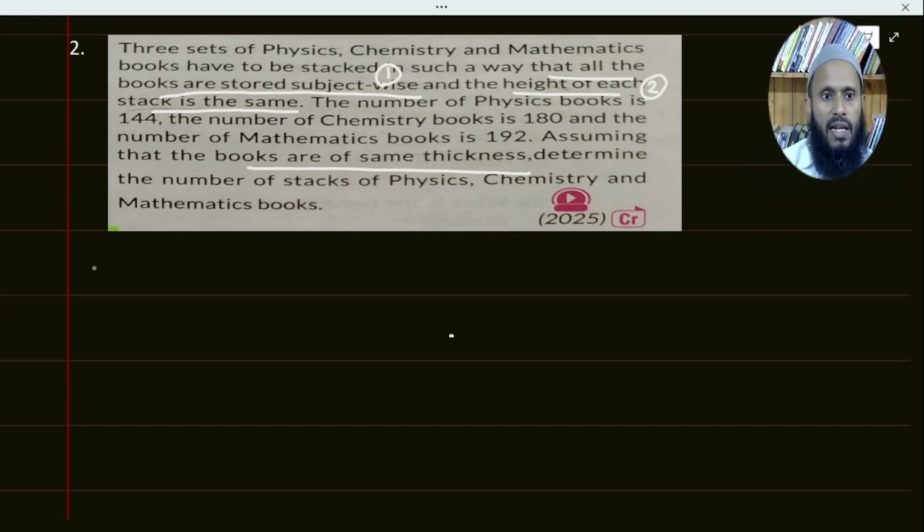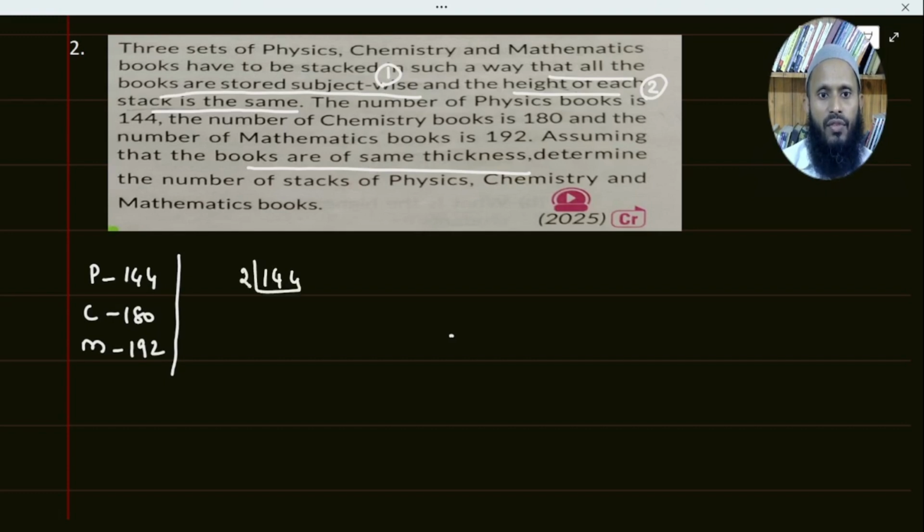First we will write the data. We have got physics books. How many books are there? 144 physics books. Chemistry books are 180 and maths books are 192. We have to find the HCF of these 3 numbers using prime factorization. So 144, 72, 36, 18, 9, 3, 1.